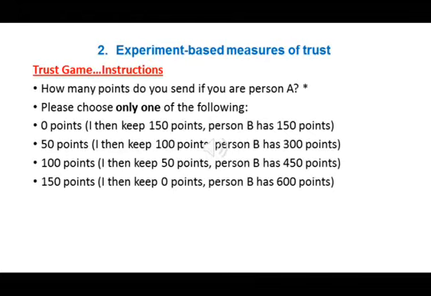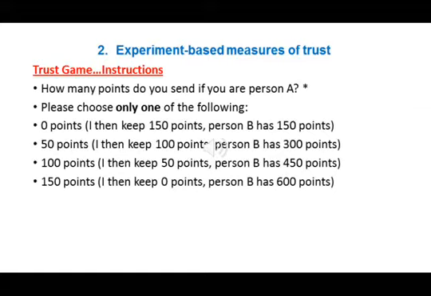Or he can choose to send 50 points, which means that he will keep 100 points as A and person B will now have 300 points after this 50 being tripled. Or he can decide to send him 100 points, which means that he keeps only 50 and leaves B with 450 points, or to send him 150 points, which means that he leaves nothing for himself and person B is now having 600 points. So these are the four options facing person A.